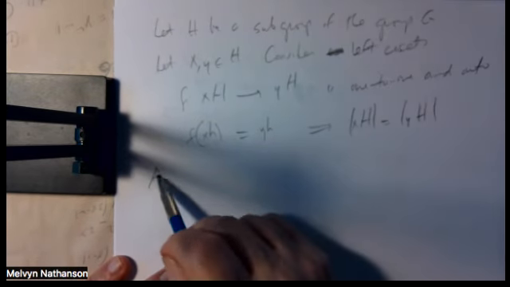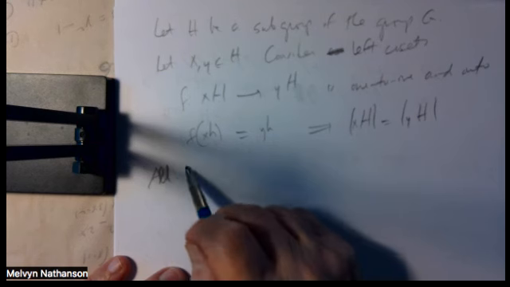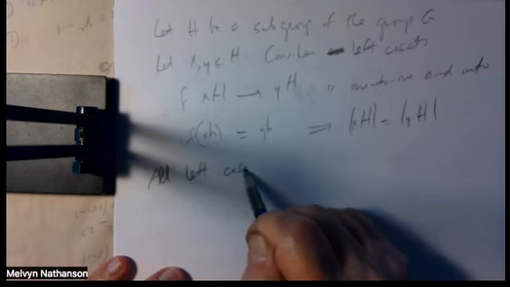So this says that the number of elements in xH equals the number of elements in yH. So all left cosets have the same number of elements.